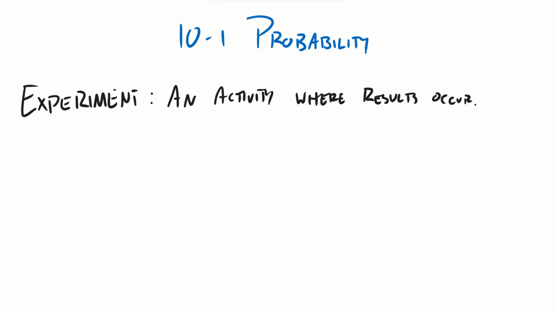Now, when we observe something, the observations are called a trial. A trial is each observable response.